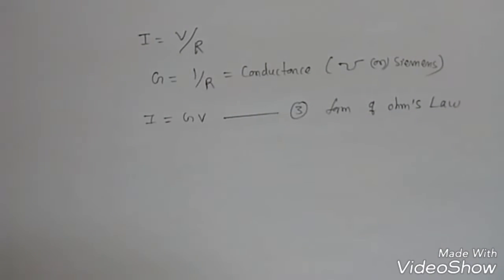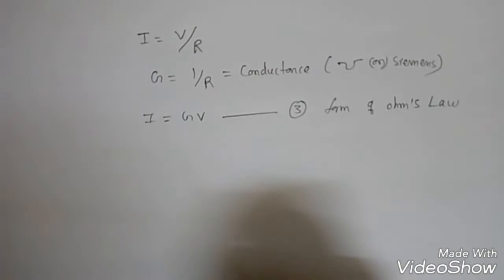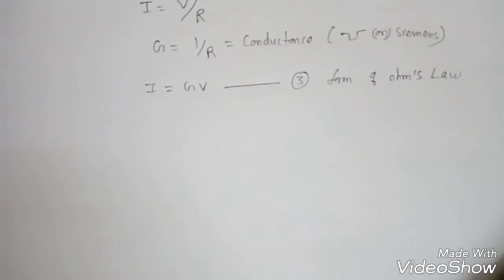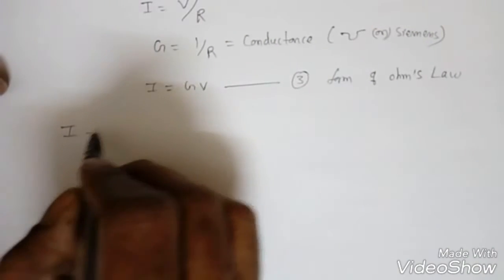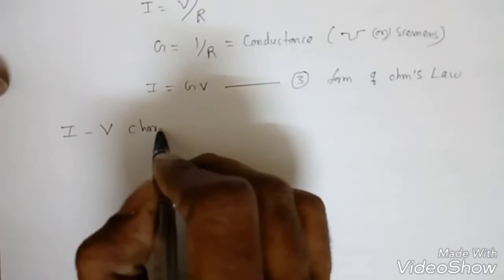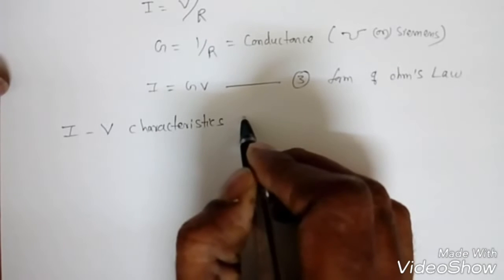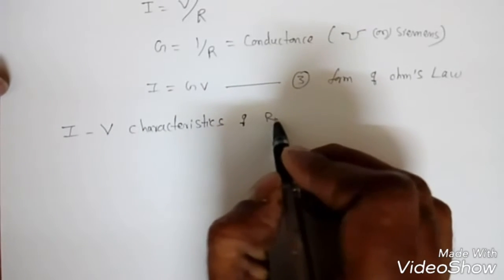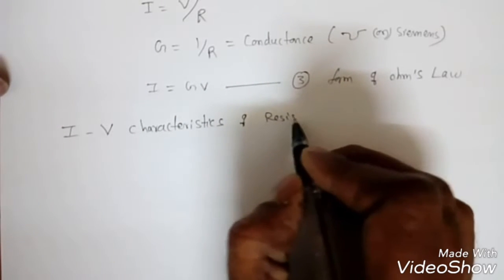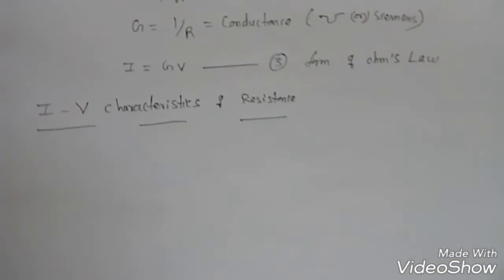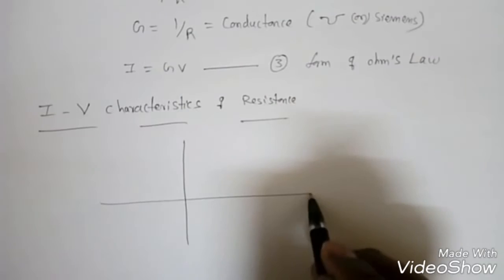Next we will see the power and energy in the resistance, right? But before that, we will draw the IV characteristics of the resistance parameter. So anyway, we know it is linearly dependent.